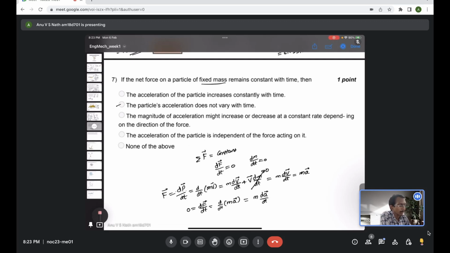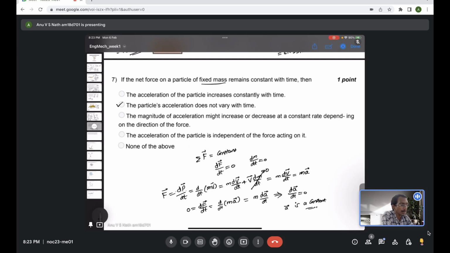This means that da by dt is 0, which means that acceleration is a constant, which does not vary with time. So as pointed out, the second option is correct.